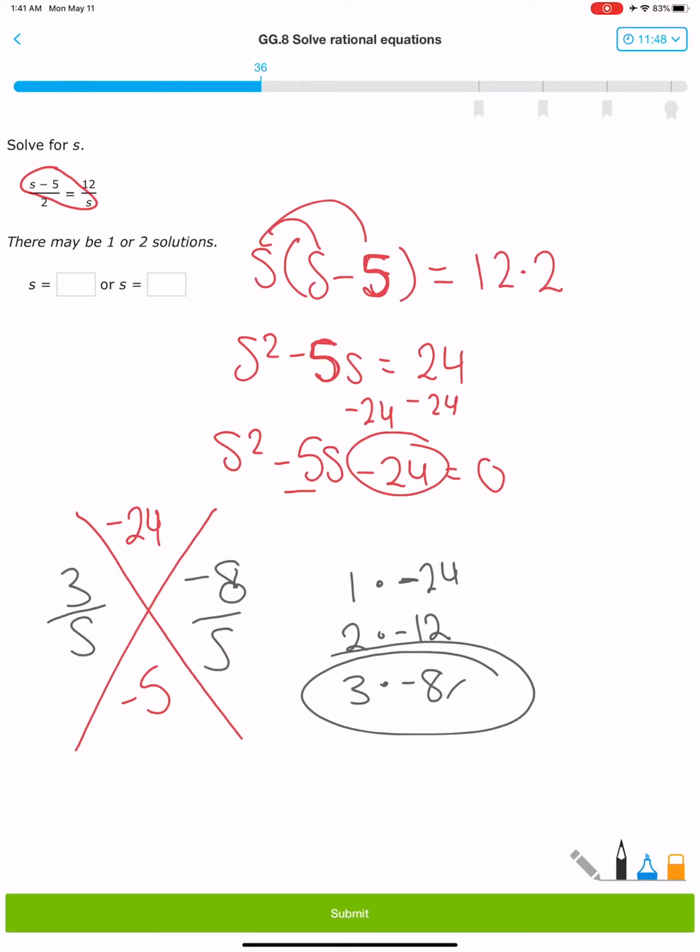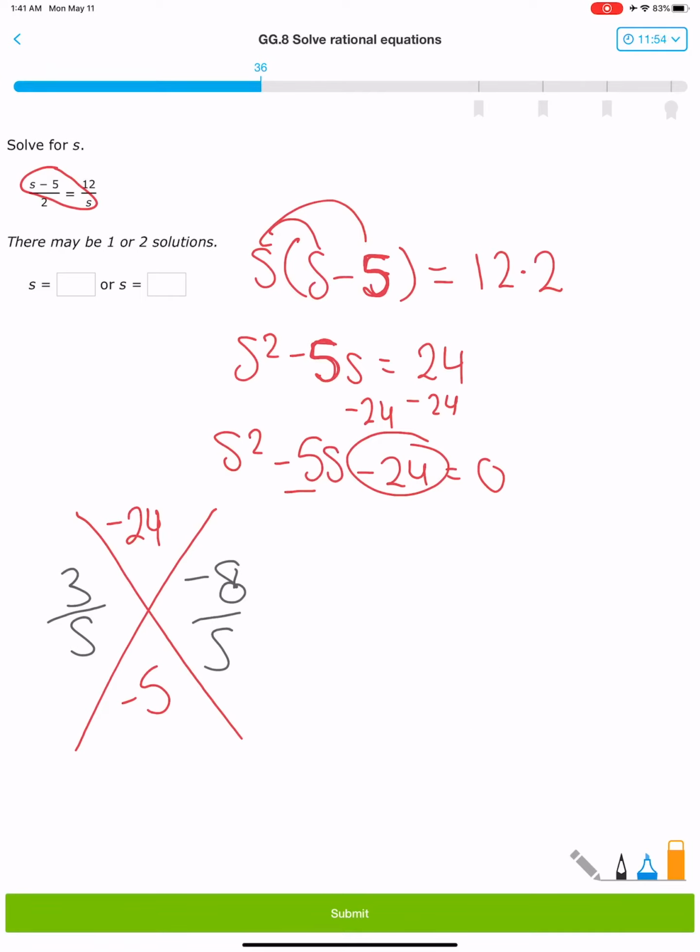Okay, and I'm going to erase this for now. Okay, and so we're going to write s plus 3, s minus 8 equals 0. And now we're going to see why it gives us two different solutions. We're going to write this as two separate equations.